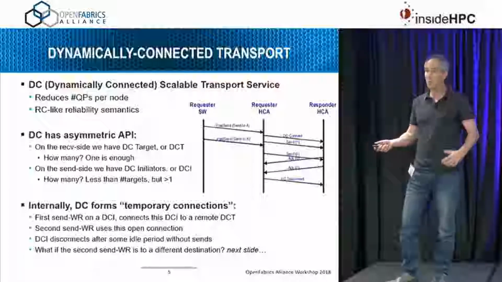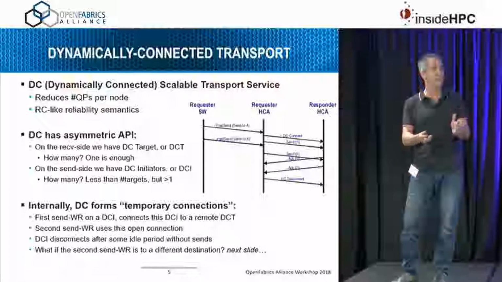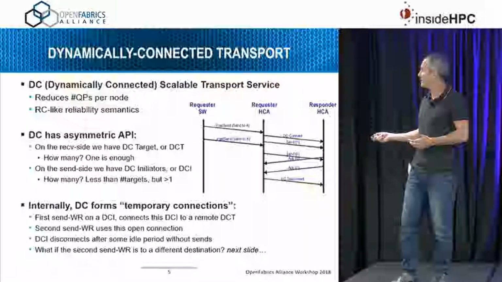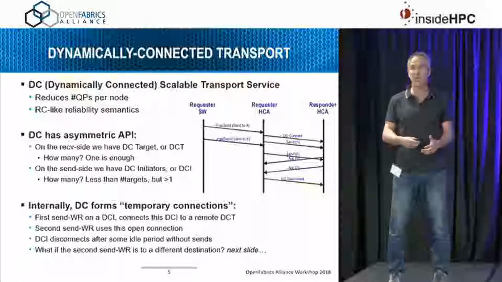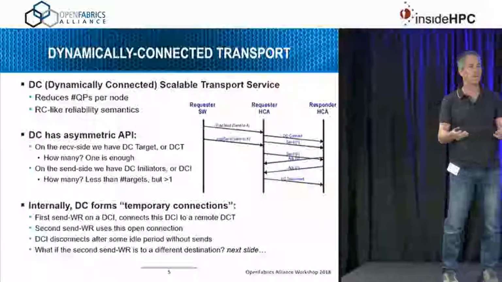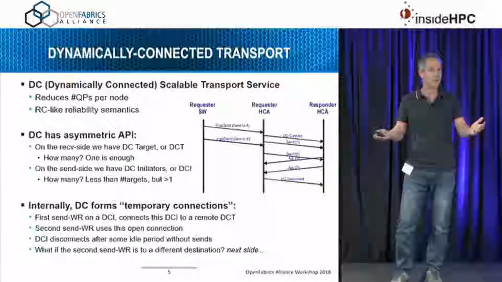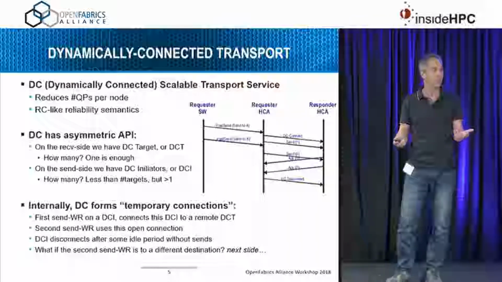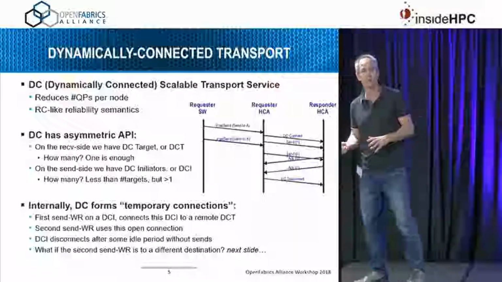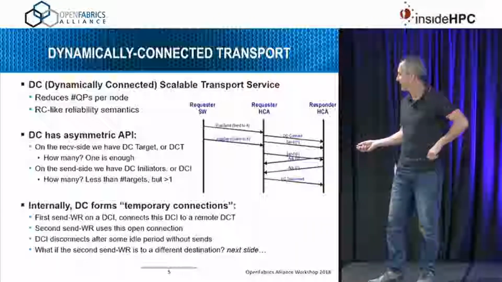Again, we could use one, but then we're blocked. We can't send to multiple destinations in parallel. So more than one is nice, but we don't need a full mesh of all-to-all. If we're sending at most 5 parallel messages, then 5 DCI instances will probably be enough. We don't have to have the full mesh of classic all-to-all RC QP scalability.